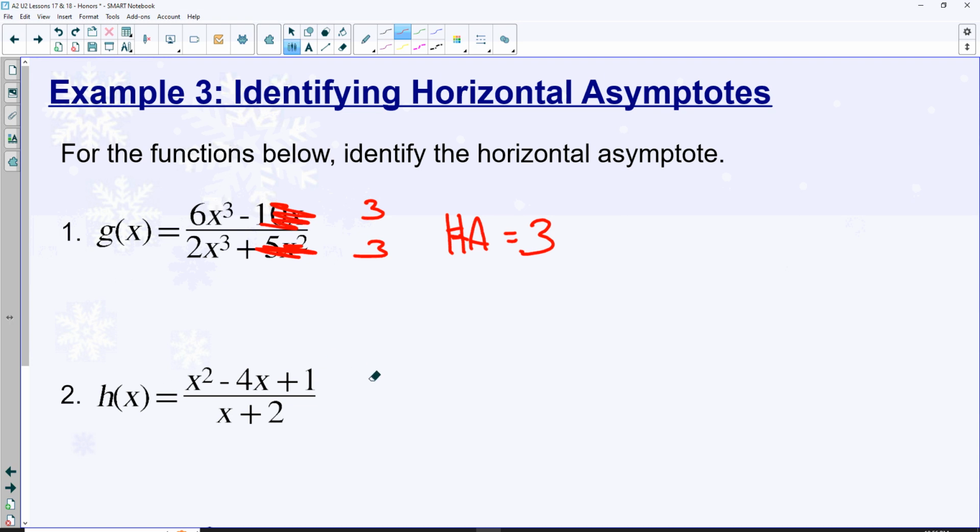The degree of the numerator is bigger, it's 2. The degree of the denominator is 1. No horizontal asymptote. That's because x squared is going to dominate the discussion. The value of this function is just going to go up and up and up without stopping.